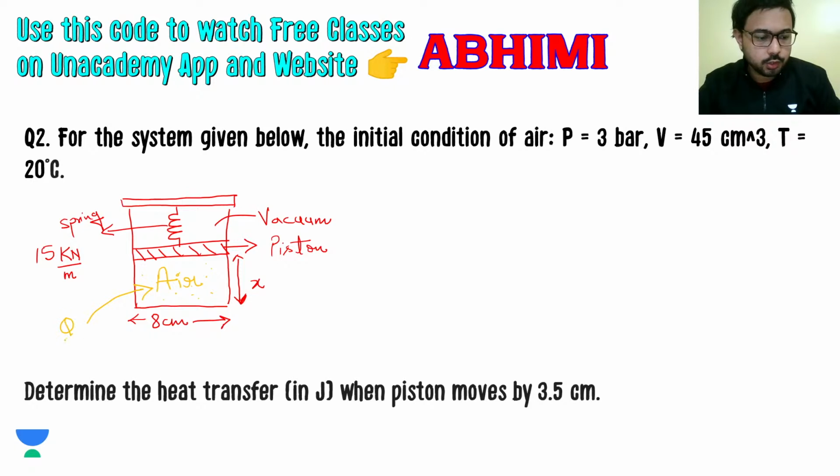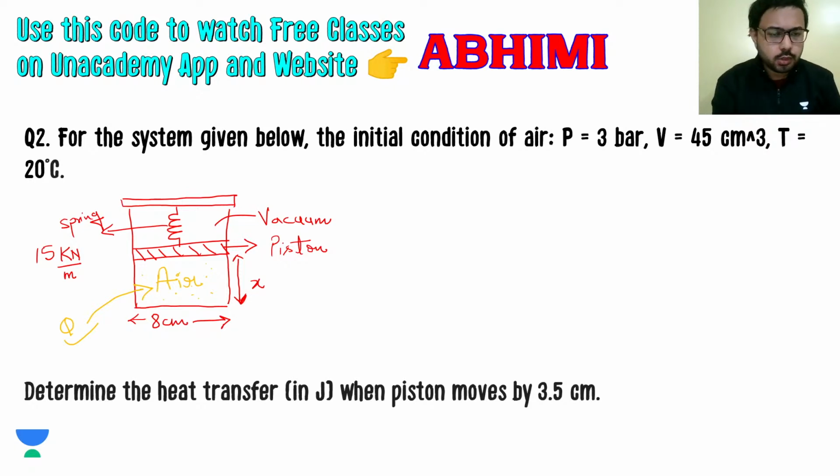That heat transfer you have to find and give the value of, and I think all the things that are given in the figure I have drawn for you to look at and provide me the answer. So you have to provide the heat transfer in joule when the piston moves from this initial position by 3.5 centimeter, and then you have to provide the answer.